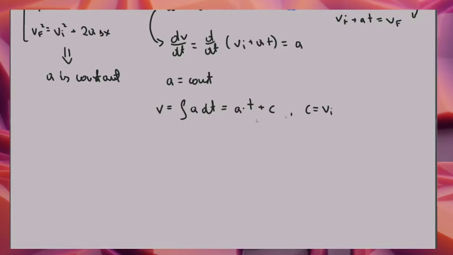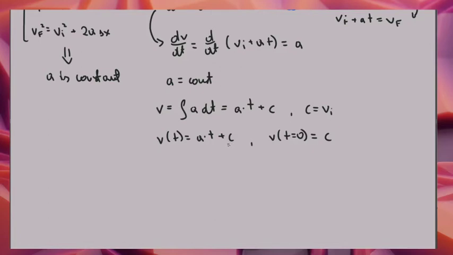Now, in case you don't see it, here's what you could do. Now what we have is v as a function of time equals a times t plus c. Take this function v and let t be 0, and that's going to give you c. Right? Because once you plug in 0 for t, you end up with nothing else but c.